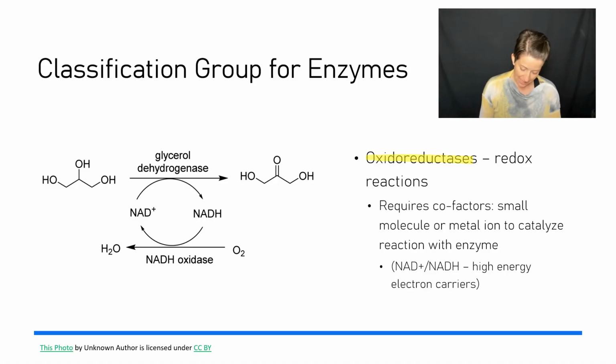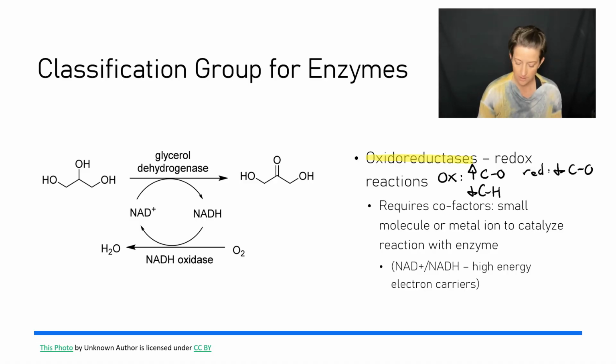Remember that if we're going to have an oxidation reduction reaction, so if we're going to go through oxidation, we're going to see an increase in the carbon-oxygen bonds and a decrease in our carbon-hydrogen bond. Reduction is going to be the opposite, where we see a decrease in our carbon-oxygen bonds and an increase in our carbon-hydrogen bond.